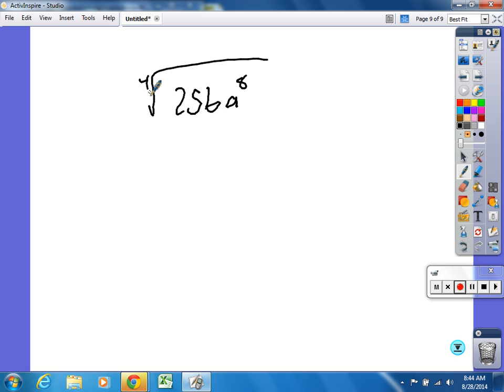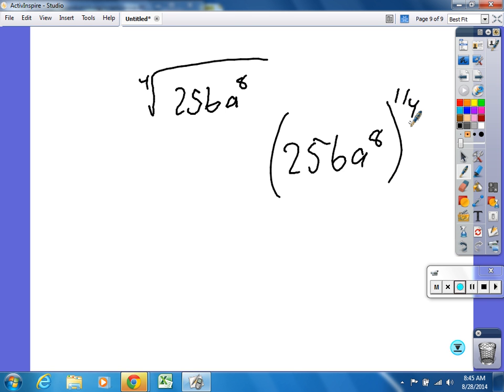Somebody help me out and tell me what would this be as a rational exponent? How would I write this as a rational exponent? Good. 256 a to the 8 raised to what? You had it. Keep going. The 4th. 1/4, right? That's what you mean by the 4th, right?